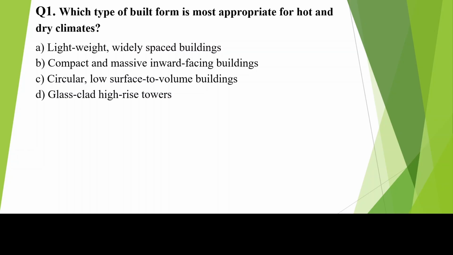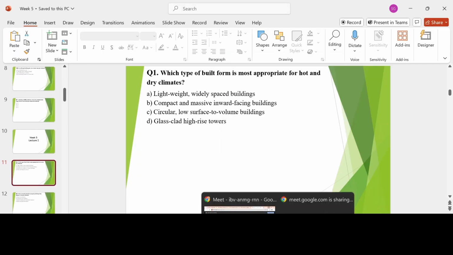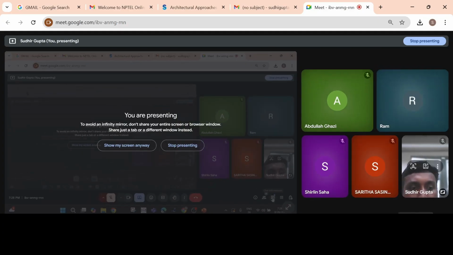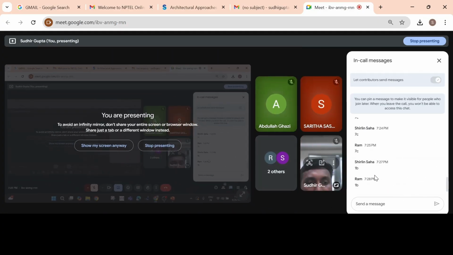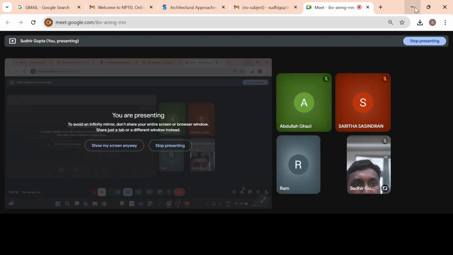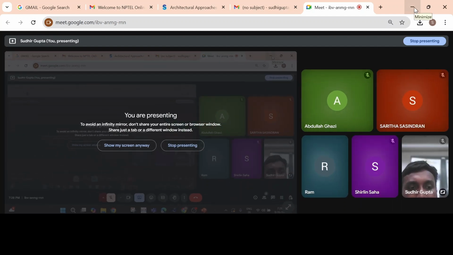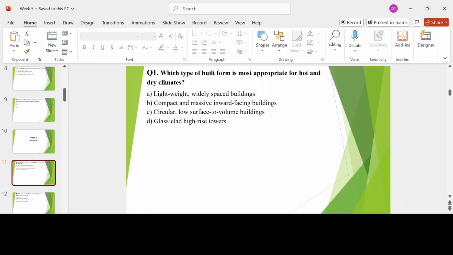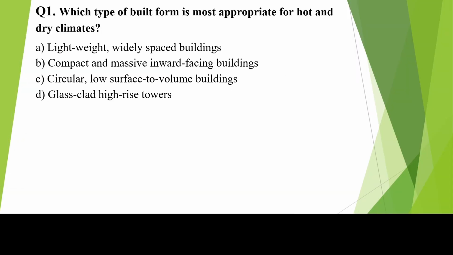So let's see how many of you have answered it and how many of you have answered it correctly. As I can see, B has been marked as the correct option by most of the audience, and option B is the correct answer for this question.